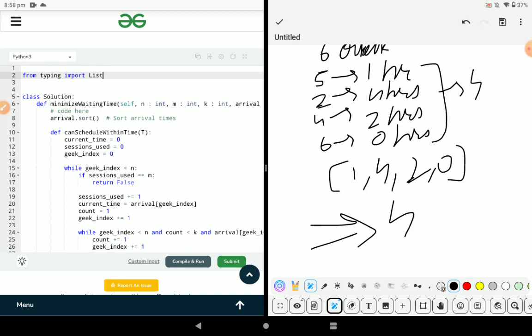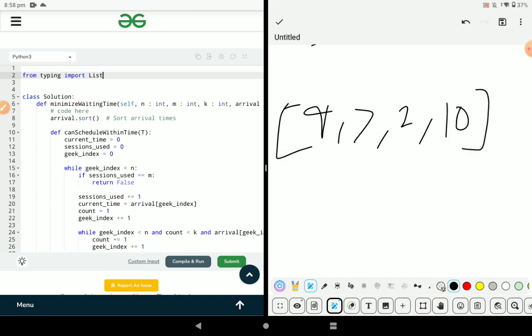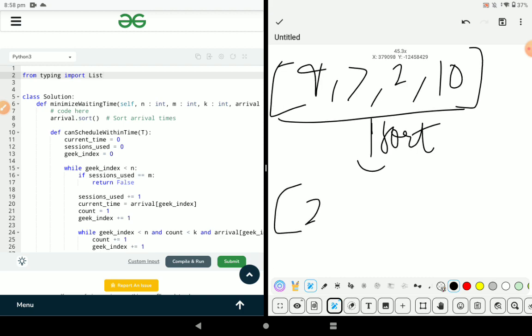So basically first of all we have sorted the array. Why have we sorted the array? Sorting the arrival times, for example 9 o'clock, 7 o'clock, 2 o'clock, 10 o'clock, after sorting it will be 2, 7, 9, 10.